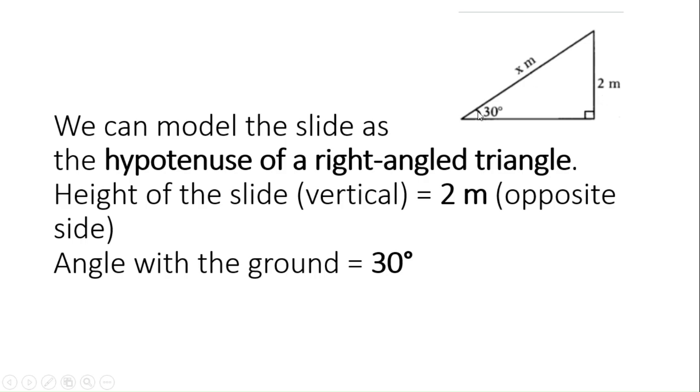When we consider this angle of 30 degrees, the opposite side to this angle is nothing but the height of the slide from the ground, that is 2 meters. So the angle with the ground is 30 degrees.